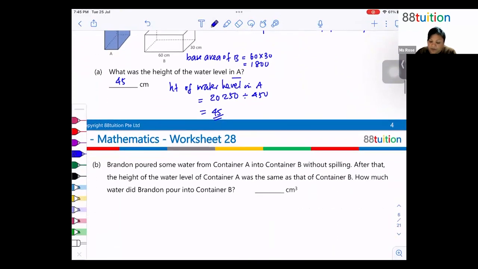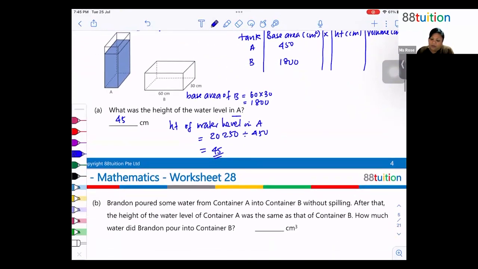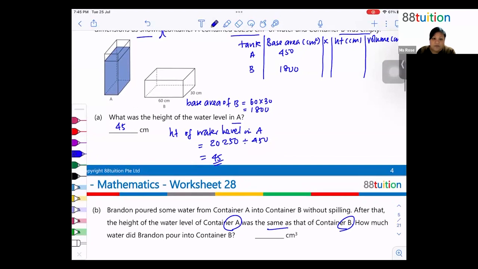For part B, Brandon poured some water from A into B without spilling. After that, the height of the water level of container A was the same as the height of container B. So I drew this table here. Brandon poured from container A into container B, so the height of the water level in A was the same.